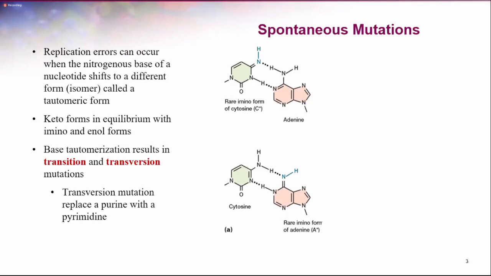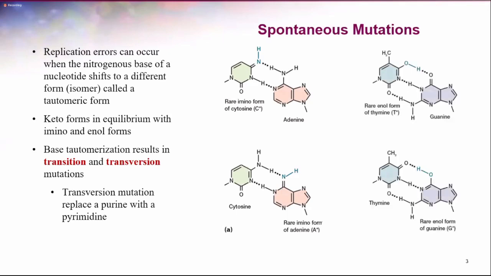So generally it's adenine against thymine and cytosine against guanine, but here you are seeing that adenine and cytosine are base pairing. Okay, so that's mis-base pairing. And then you can have the enol forms of either thymine or guanine, that can mis-base pair as well.